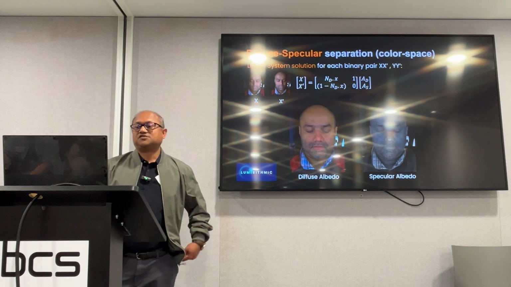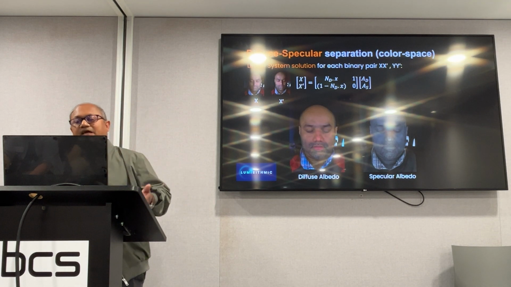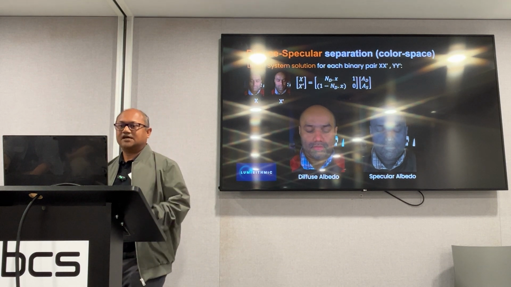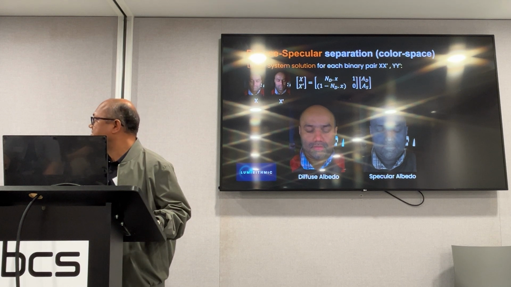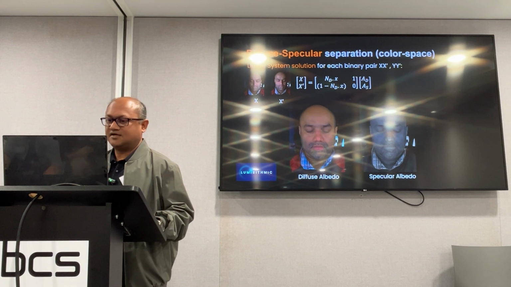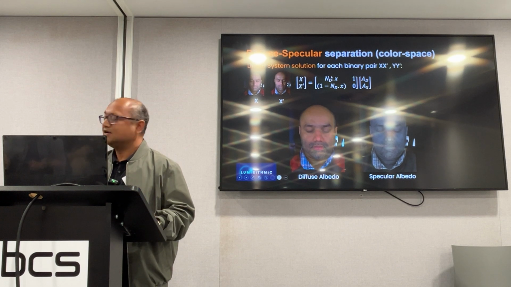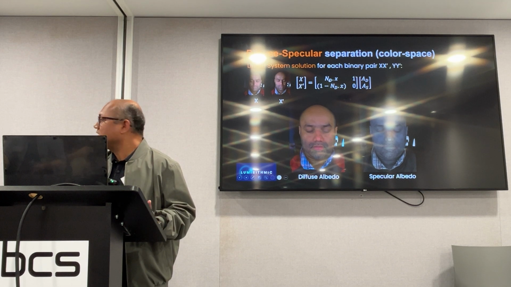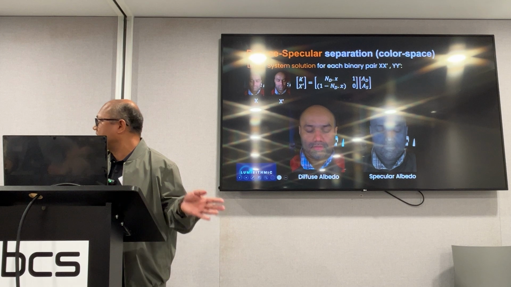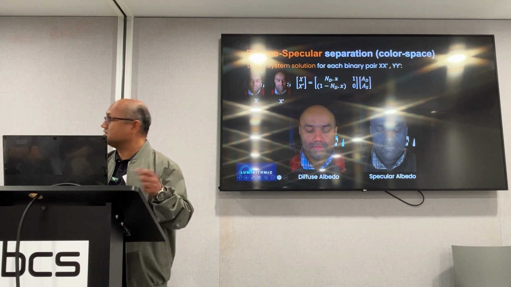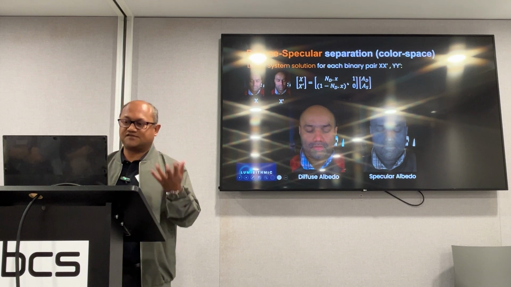For diffuse specular separation and actually isolating specular, we exploit the binariness of the illumination. And so this nicely sets up a linear system where the shading on each pixel in each of those two photographs can be modeled as either you're in an X condition or you're in its X prime condition, which is its complement condition, where you're either shaded with only the diffuse component if you're on the dark side of the gradient of the binary condition, or you're shaded with the diffuse plus the specular if you're on the bright side of the condition.